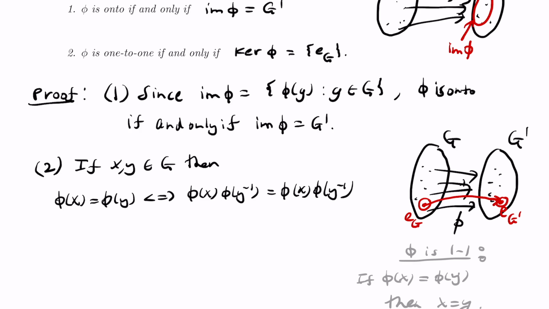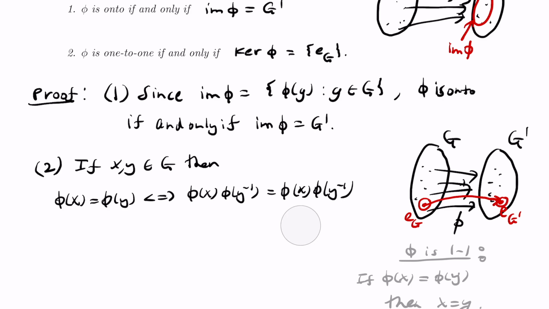The reason we can write if and only if is that we can multiply in both directions. If we have this, we can multiply by phi of y inverse here to get this. To go in this direction, we can multiply by the inverse of this thing on the right to undo the multiplication. One of the advantages of having groups is that everything has inverses, so we can undo a multiplication of any sort.